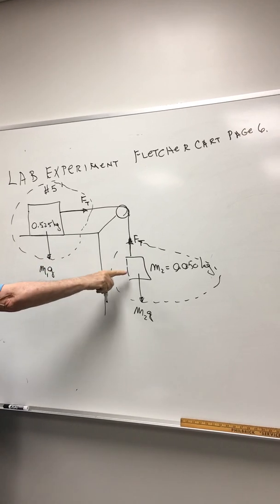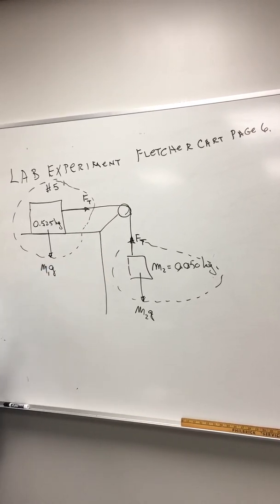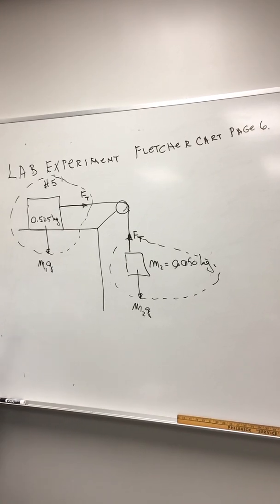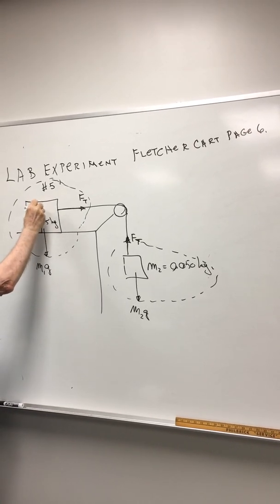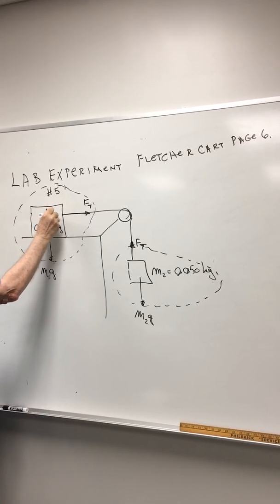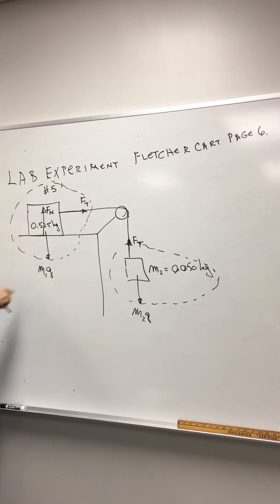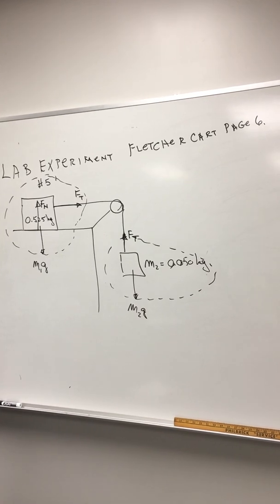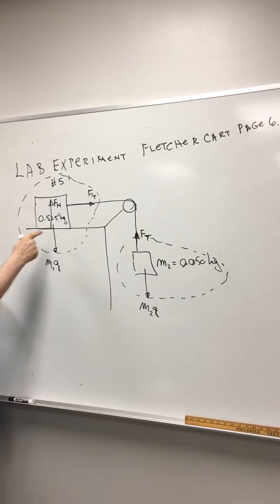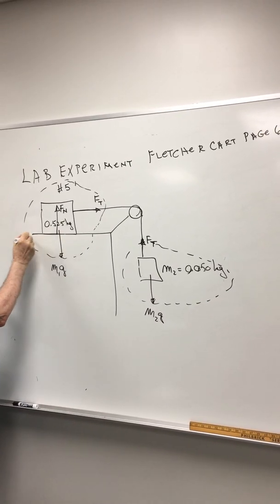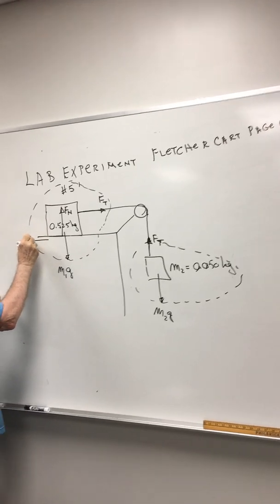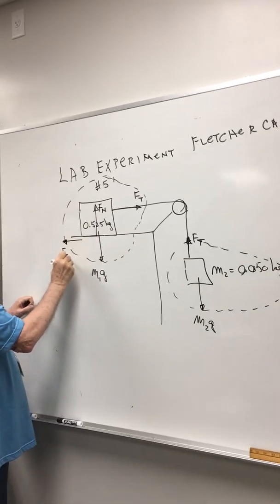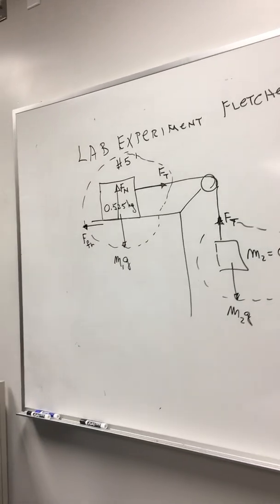So this one is object 2, this is object number 1. And then in chapter 4, we talk about a normal force here, F sub n, the normal force, and that balances out the weight. Now there is another force here. It's called friction. And the friction between the cart and the table will hold it back. And so I'm going to call it F sub FR for friction.